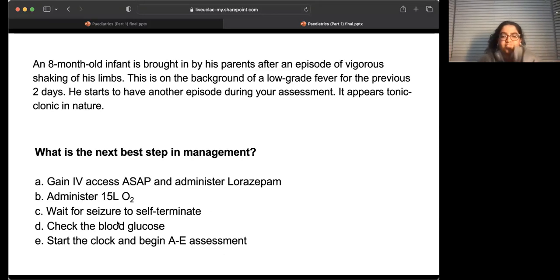Okay, so the first thing you'd want to do in any seizure is to start your ABC algorithm, and the first thing you do for that is start the clock.